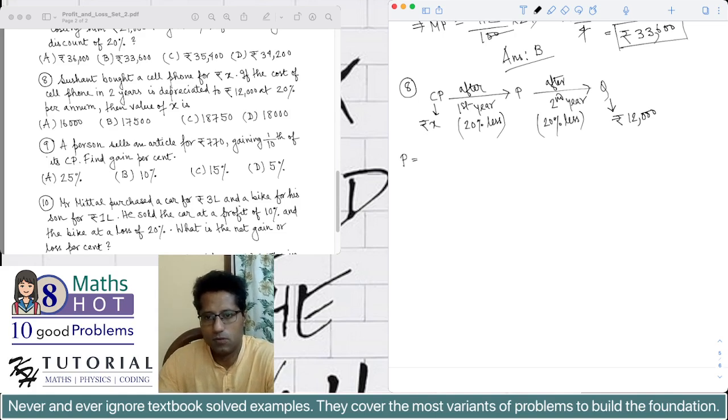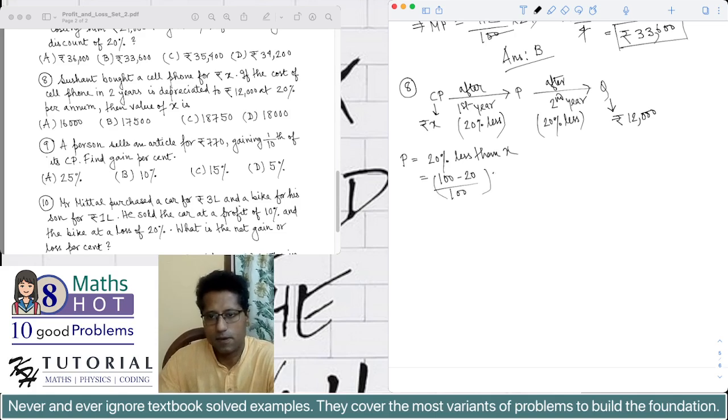P is equal to 20% less than X. This is equal to 100 minus 20 divided by 100 multiplied by X. This is equal to 80 by 100 multiplied by X. This is equal to 4X by 5.